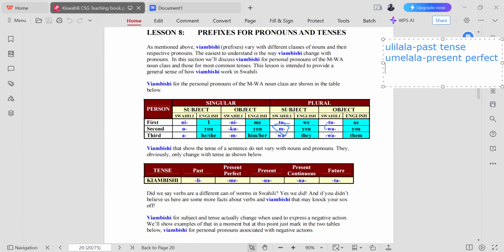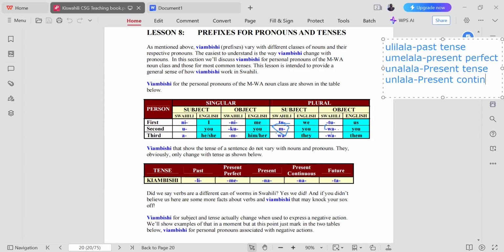Then in the present tense, it will be unalala, which is the present tense. And the present continuous should still be the same, unalala. Then the future tense will be utalala. You will sleep.